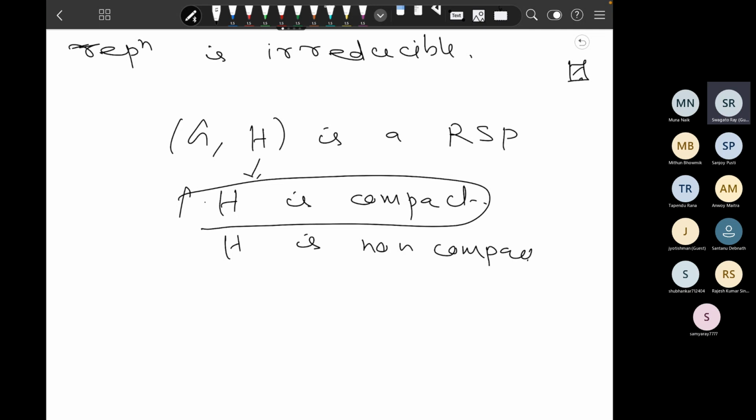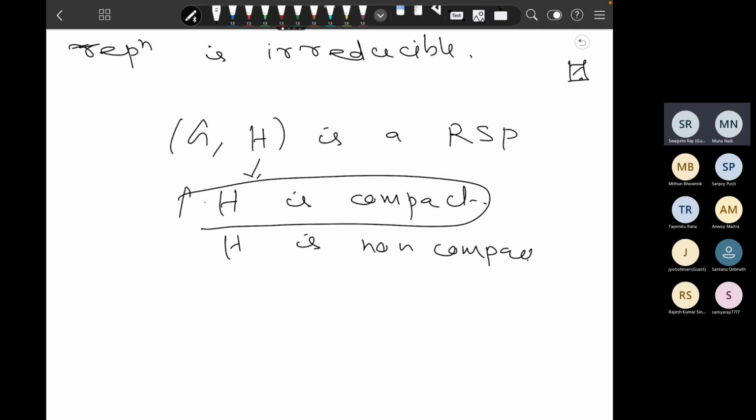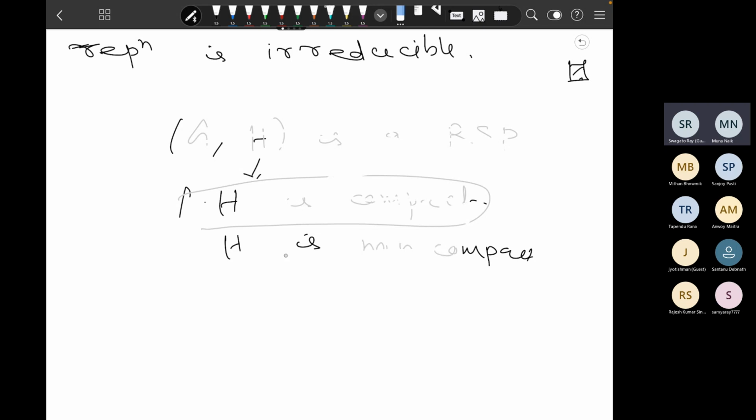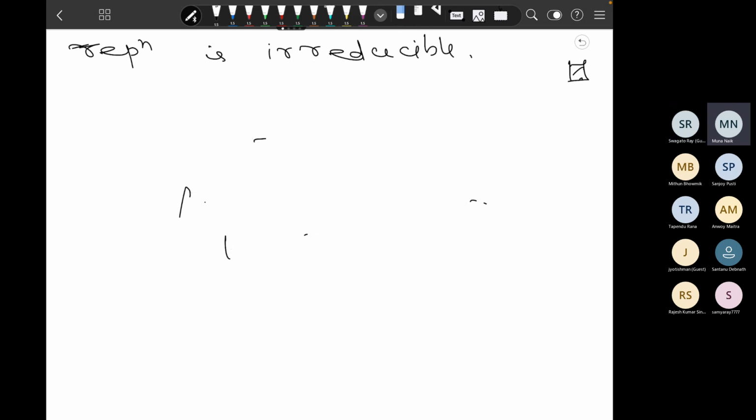I have a question, not really closely related to this lecture, but somewhat related. I look at the pair G tilde, H tilde, which you have defined. H tilde is the diagonal. Now this is clearly a Gelfand pair.